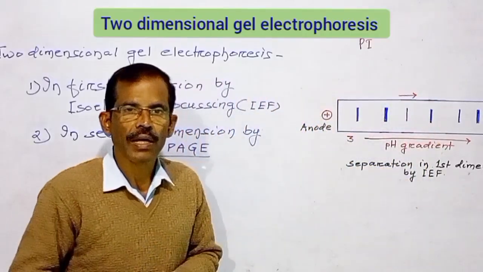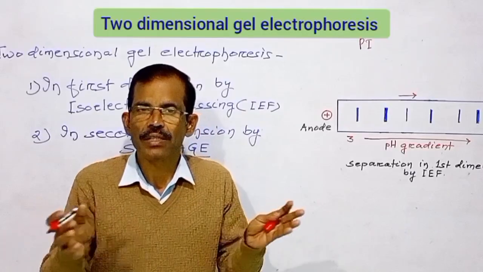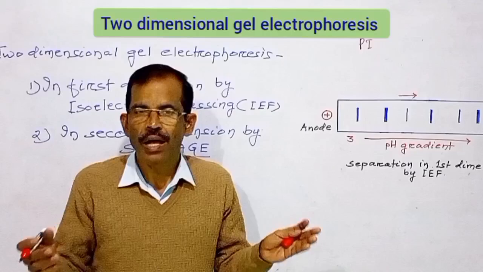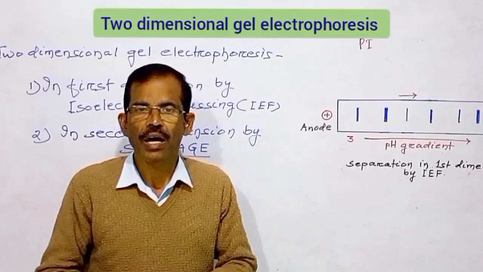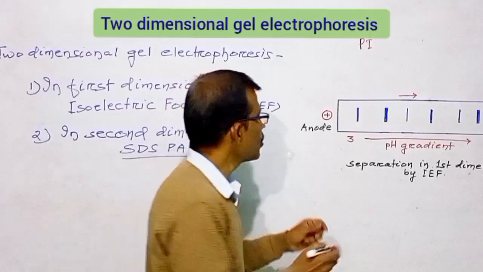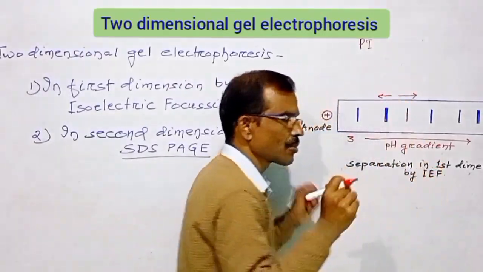On the other hand, if the pH of the medium is greater than its isoelectric point, then the protein will have a net negative charge. So during electrophoresis, it will migrate towards the positively charged electrode.